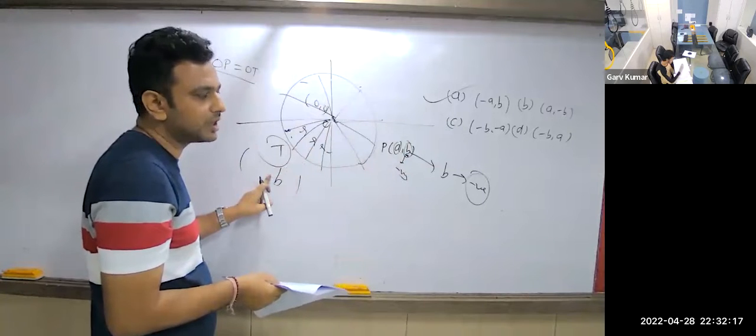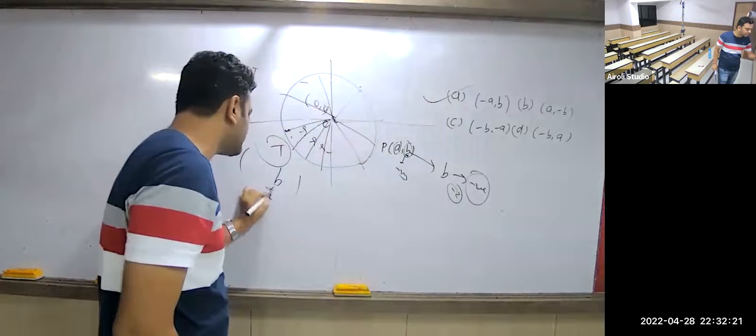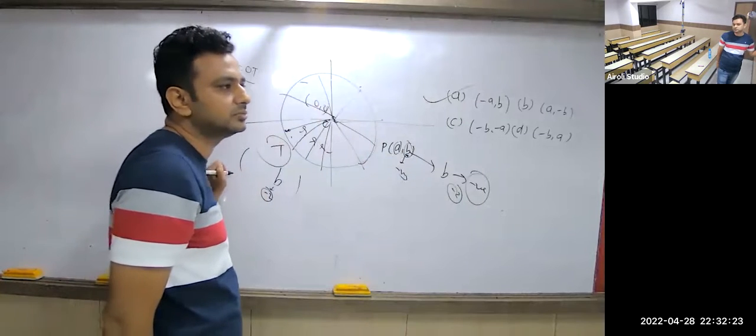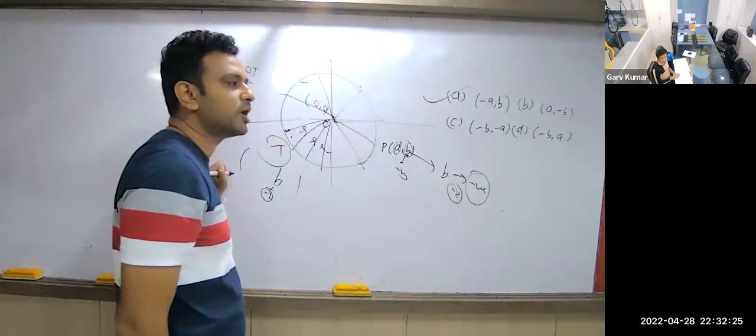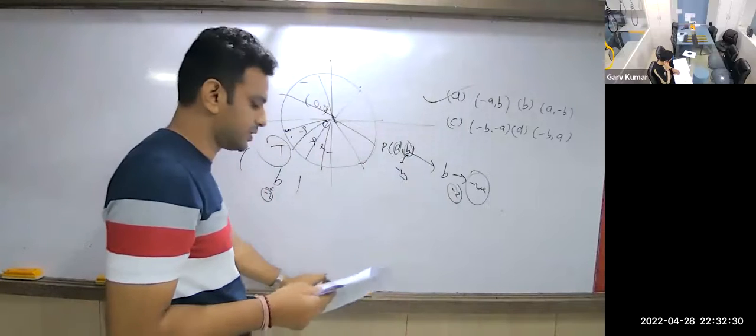Let b be -2. Now when you put the value of b as -2 here, then only you will get the negative point. Yes, sir. So you have to apply that approach. Clear? Yes. Okay.